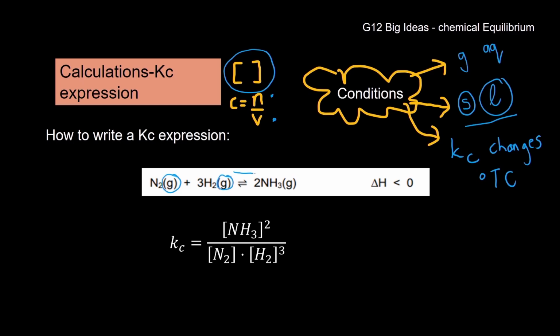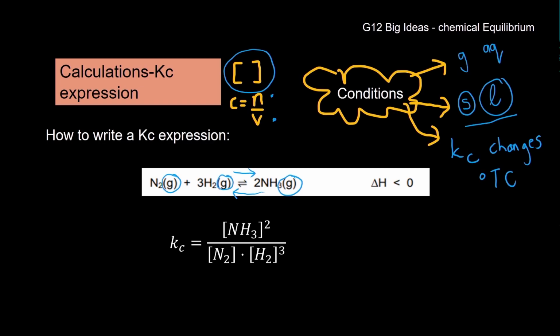It produces ammonia gas. It is a reversible reaction. So ammonia gas then breaks down to form the hydrogen and the nitrogen gas. We can use all three of those substances because they are all in gas form.